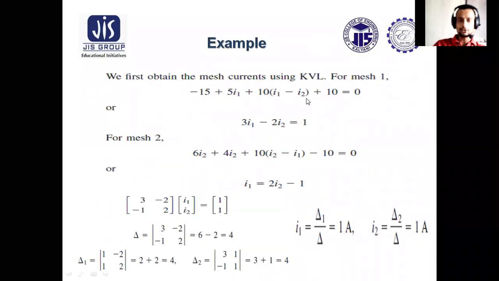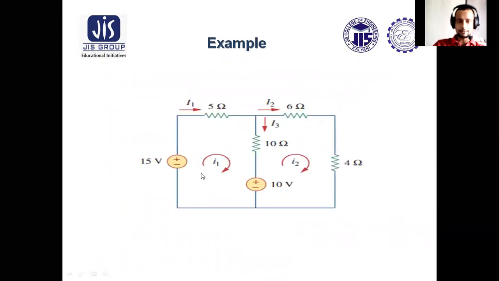Now for the first loop, what shall we do? See here, as per step 2, we have assumed clockwise direction of current. Now next we have to apply KVL in loop 1.